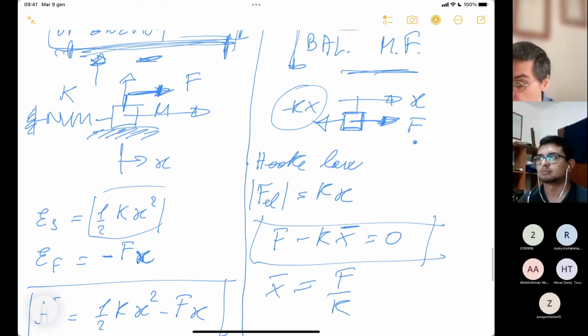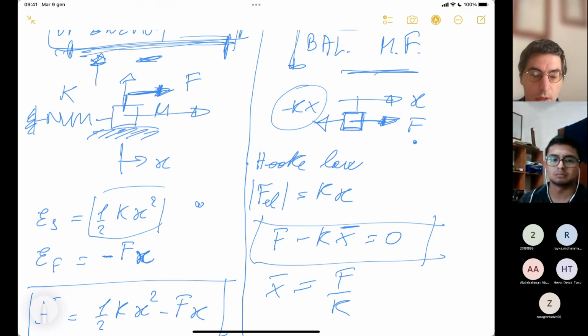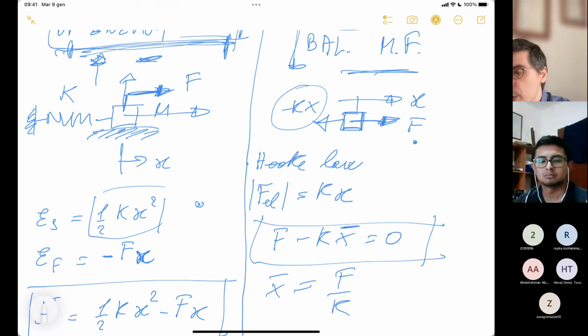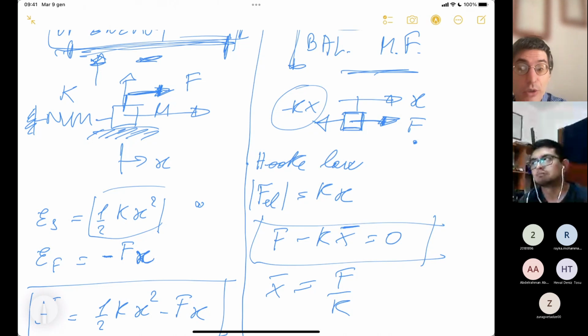Let's say, for example, here in this framework, you have to deal with an energy, and an energy is a scalar quantity. I am happy to deal with a scalar quantity because I do not have to consider projections of vectors or some complicated stuff. So it's clear that a scalar quantity is better to use than a vector quantity.